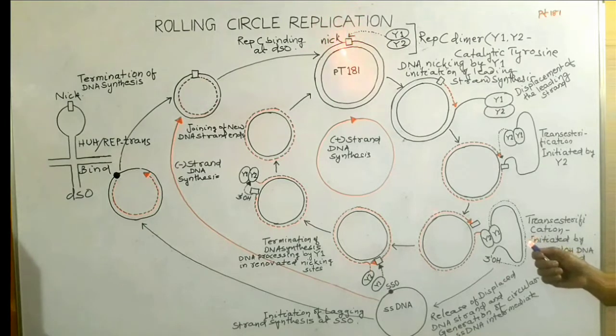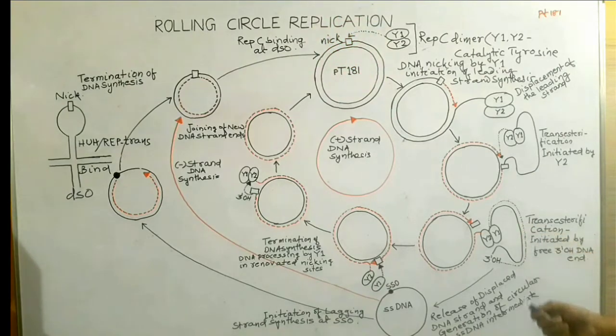This double-stranded origin contains two different sites. One is the nick site and the other is the bind site. Whereas another replication origin is present, known as SSO. SSO is meant for replication of the lagging strand.